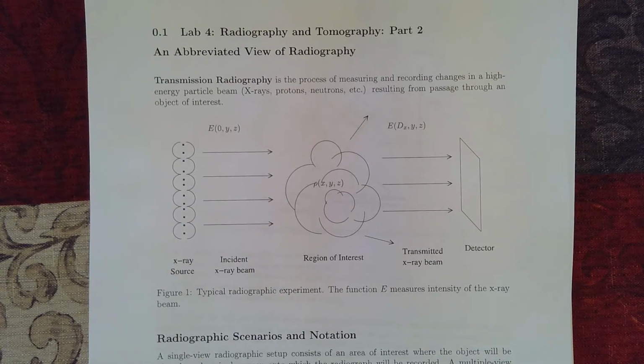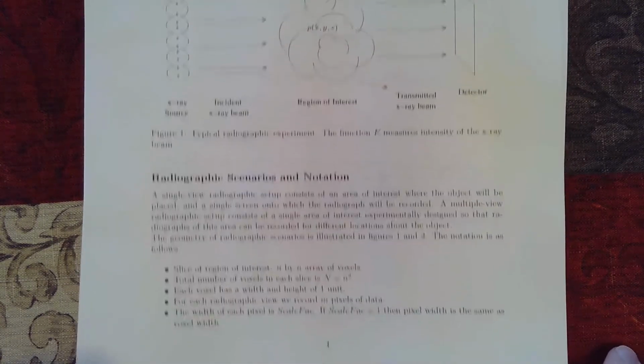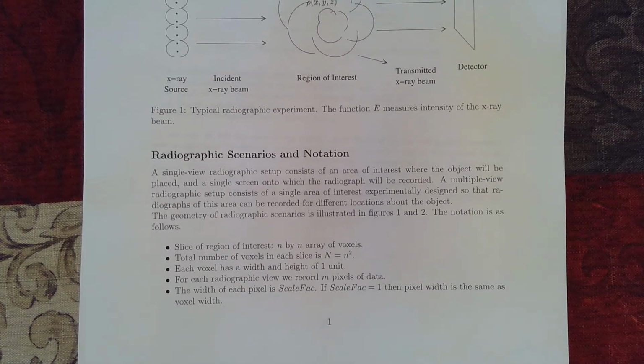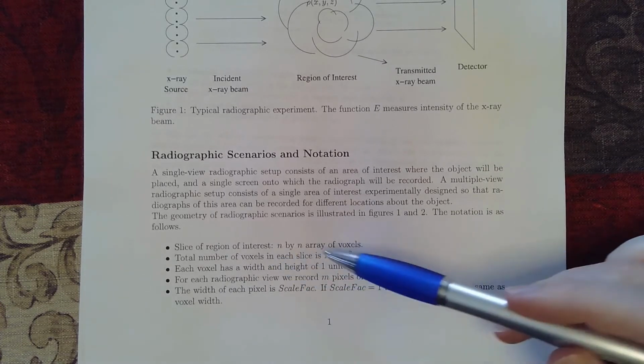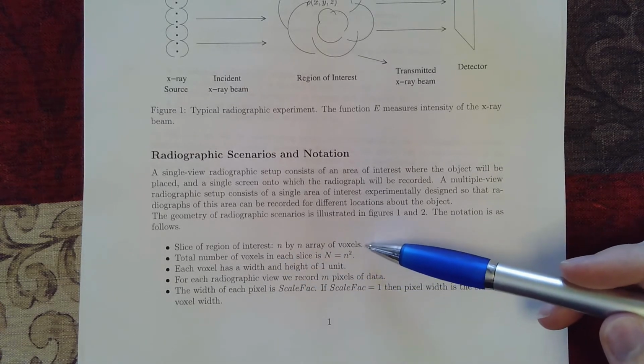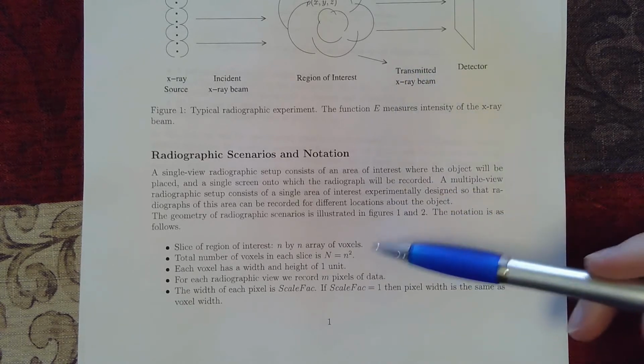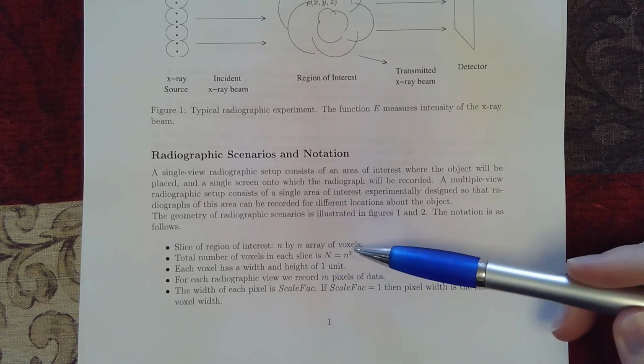And so when we're looking at views for a radiographic setup, we have some words we want to define. An area of interest that we're looking at, or just a slice of that, is going to be some n by n array of voxels.